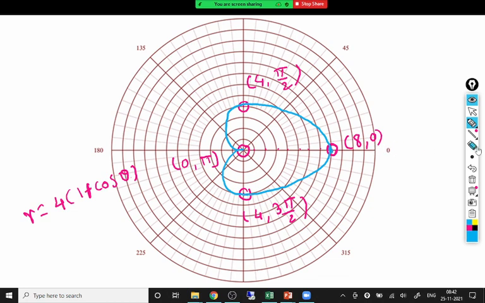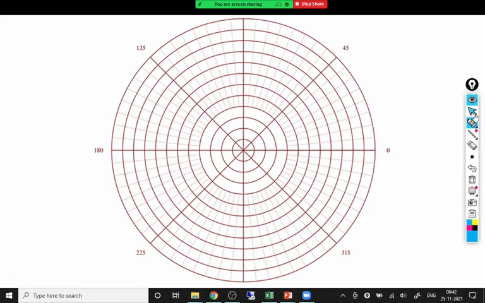The last curve is the lemniscate. I write the equation of a lemniscate here: r square equal to a square cos 2 theta.